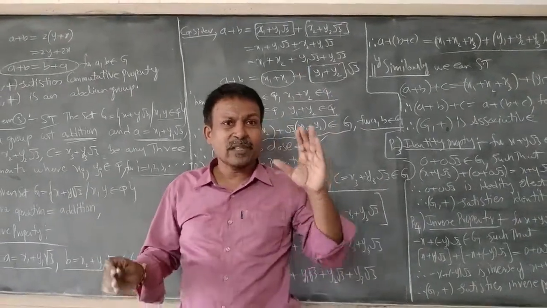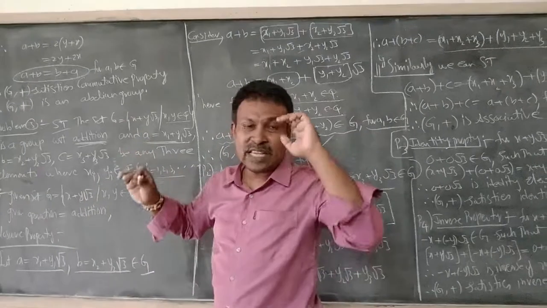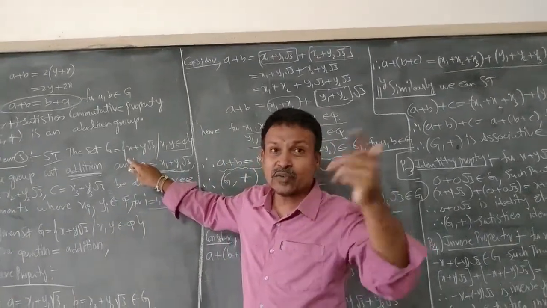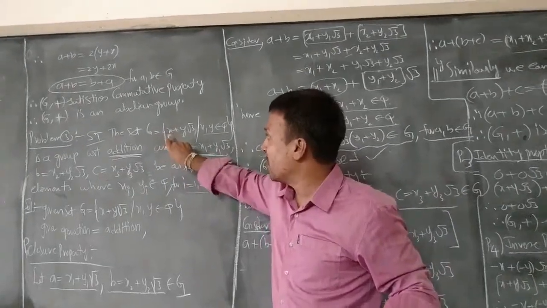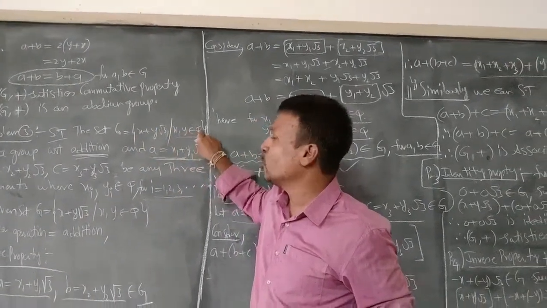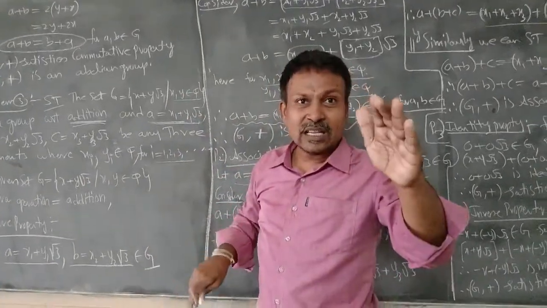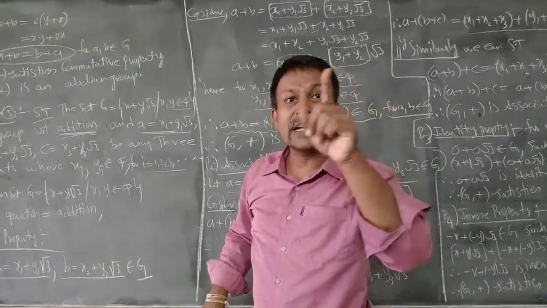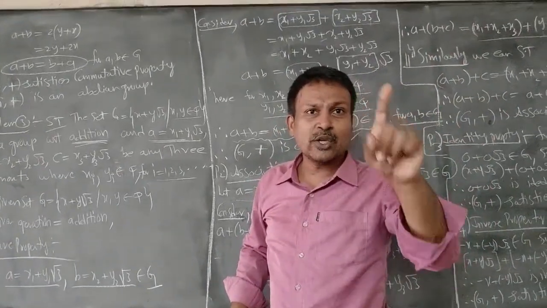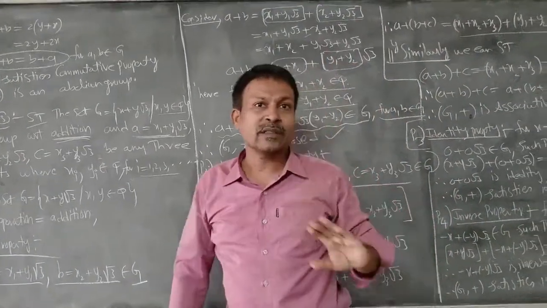So, definitely 0 is present in set G if we think very carefully. The 0 will be in disguised form in this set G. 0 can be written as 0 plus 0 root 3 for 0, 0 belong to Q. So, in G, there is an element 0 which is the additive identity element in disguised form. It can be written as 0 plus 0 root 3.